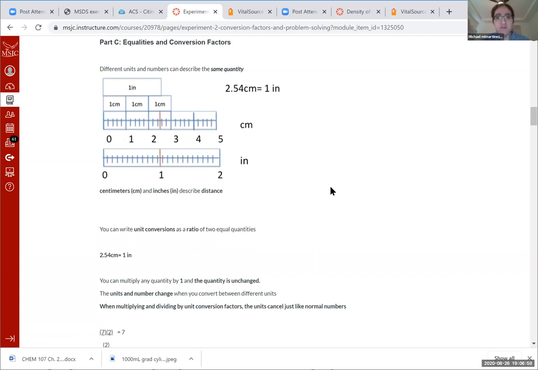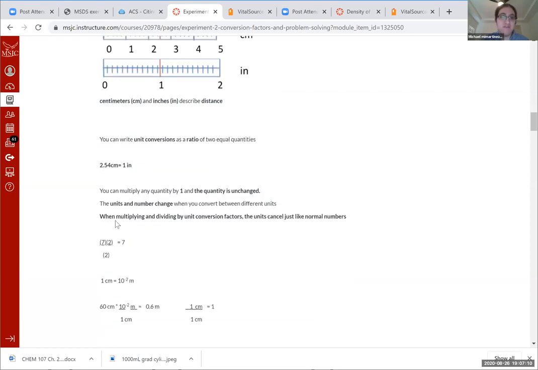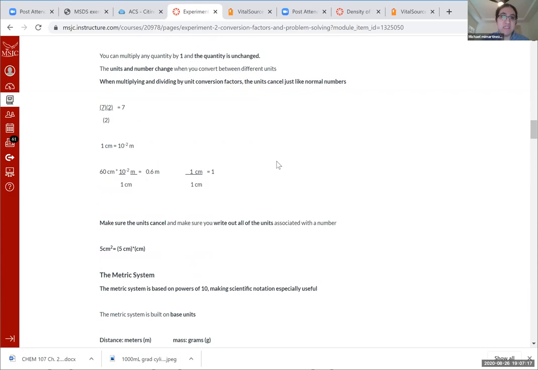One critical prompt that you're going to be asked to do in this laboratory is to write an equality from your conversion factors. Whenever you have a conversion factor, you can write out the conversion factor as a ratio of 2 equal quantities.